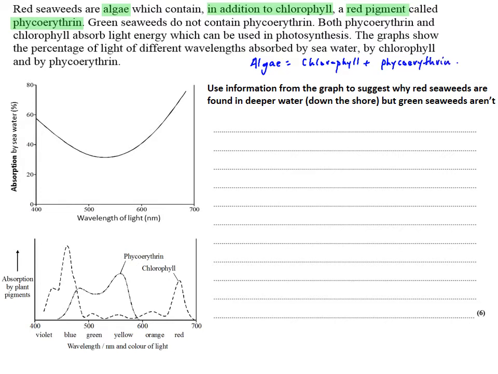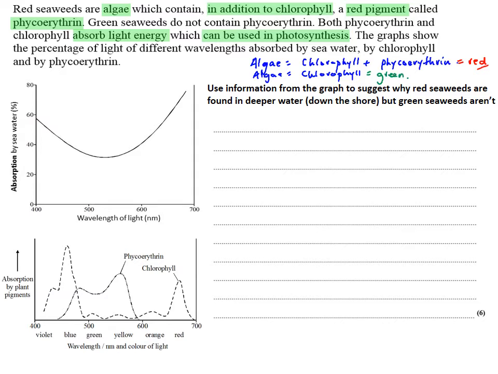So it has both of these pigments. It then tells us that green seaweeds do not contain phycoerythrin. So this one here at the top would be the red algae, and I can just put here the second type of algae we're going to talk about just has chlorophyll without any phycoerythrin, and that is the green algae.